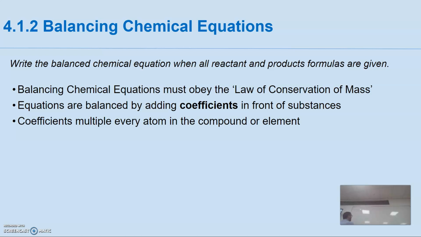So the difference between, let's take the example of 2H2O versus H2O2. 2H2O means 2 water molecules. H2O2 means 1 molecule of hydrogen peroxide. So it's really important that we make that distinction. Because if we change the subscripts, we're changing the substance. We're not just balancing. So coefficients multiply every atom in the compound or the element.